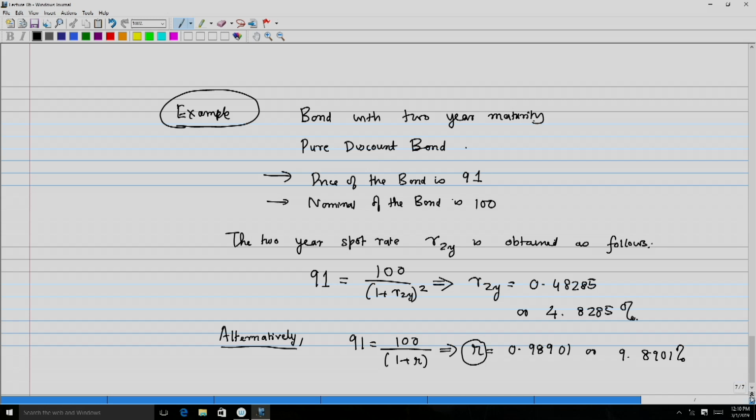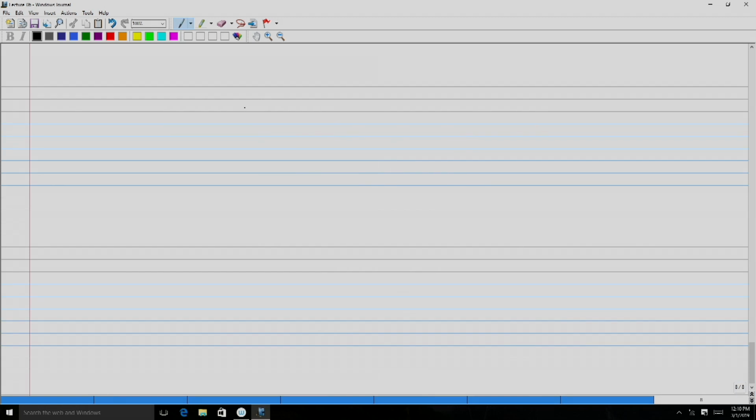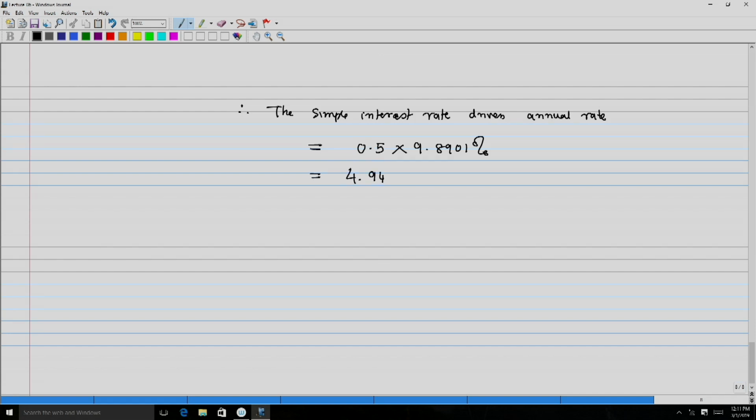So, since this is a 2-year rate, the simple interest rate driven annual rate is going to be equal to 9.8901%, which is applicable for 2 years. So, for 1 year the interest rate will be this multiplied by 0.5, which is 4.9451%.